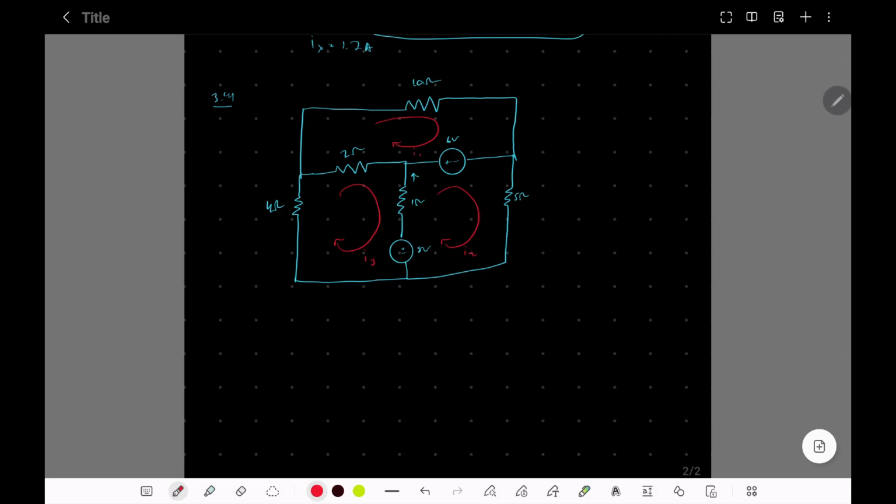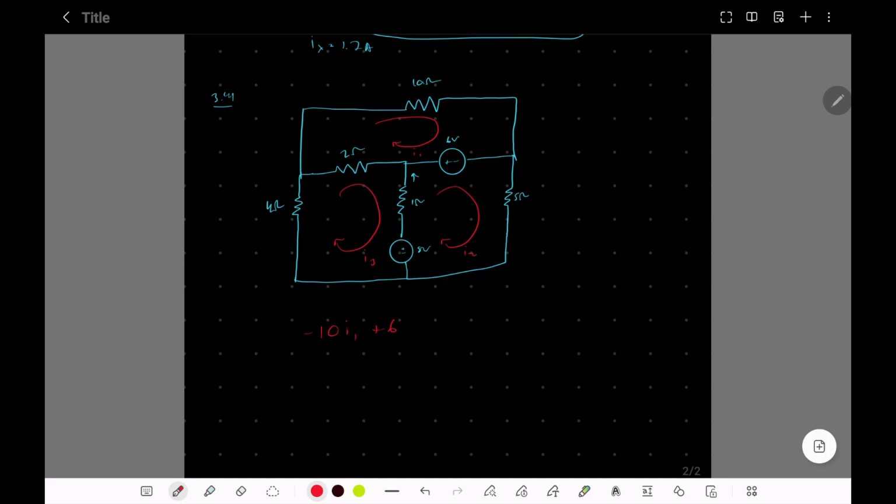So the voltage drop across the first branch is going to be minus 10 I1 plus 6 volts, since we're going from negative to positive on the battery.